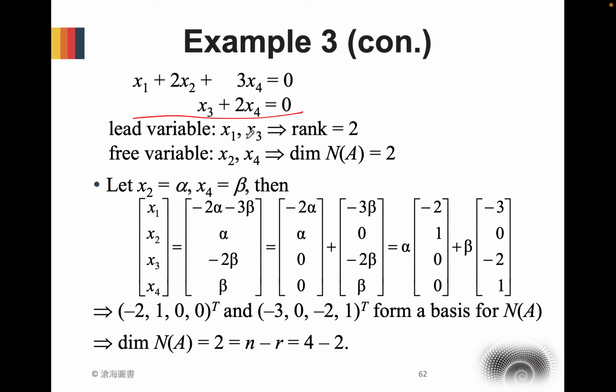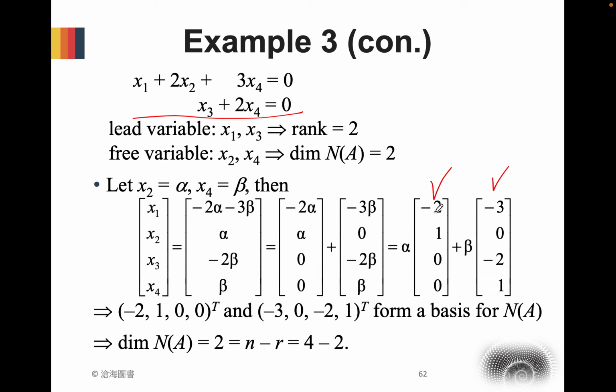Okay, and then we can write down the general solution of this linear system. That is, we can set x2 as alpha and x4 as beta, because x2 and x4 are free variables. They can be set arbitrarily. And x1 is equal to negative 2 alpha minus 3 beta, x2 is alpha, x3 is negative 2 beta, and x4 is beta. This general solution can be written as alpha times this vector plus beta times this vector.